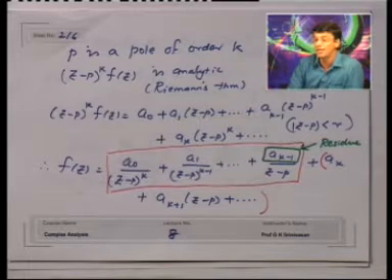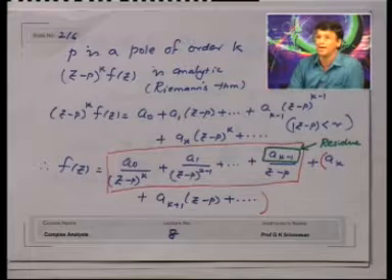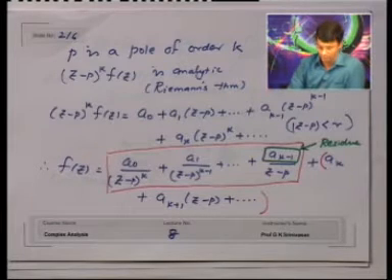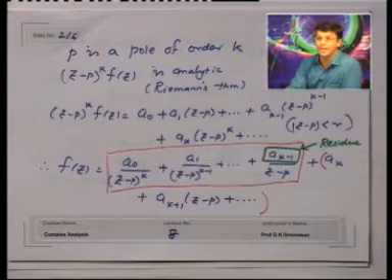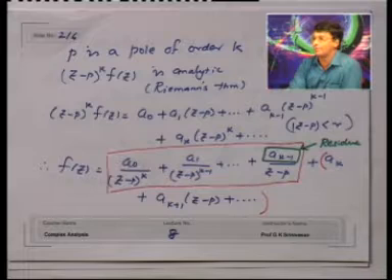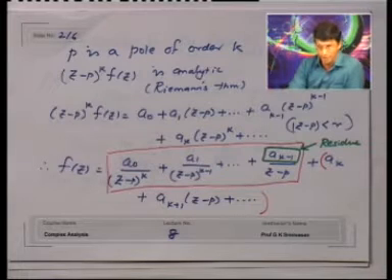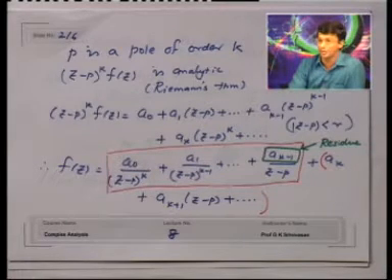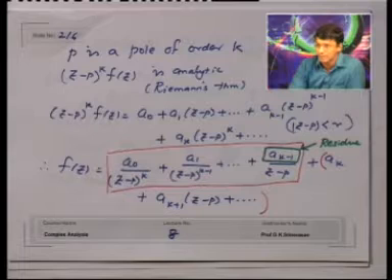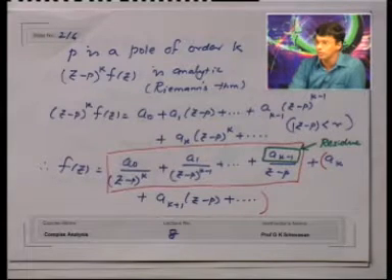So, the single power in the denominator is the only thing that will survive when you integrate over a circle. When you integrate 1 over (z minus p) to the power m dz over a circle centered at the point p, when will the integral contribute?